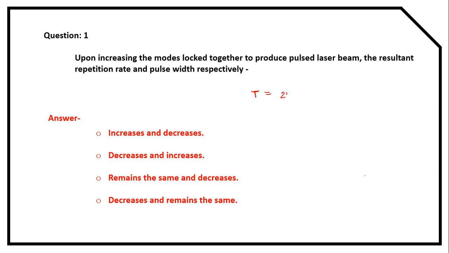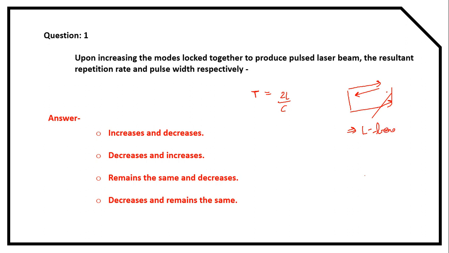Here L is the total length of the cavity, through which the rays go to and fro. So this is the length of the cavity, which is denoted by L. So what is L?